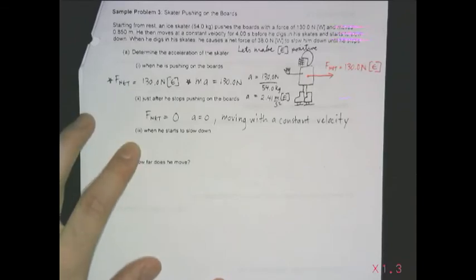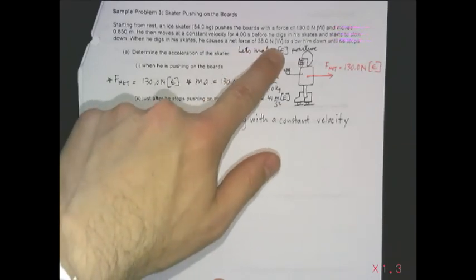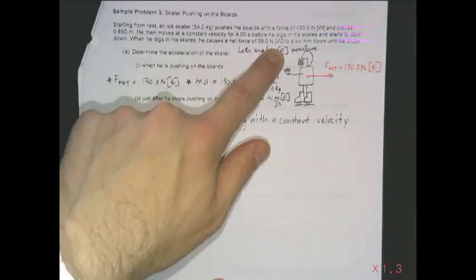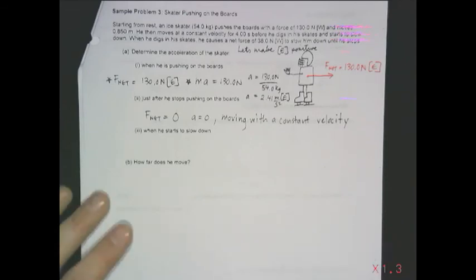The question tells us that he digs his skates into the ice and causes a net force of 38 newtons west. If he's traveling east, what will this net force of 38 newtons west do to the object? Describe the motion that this object is going to experience.